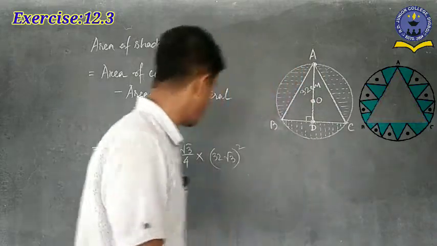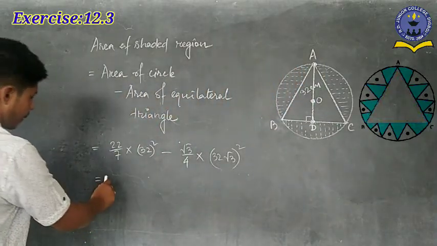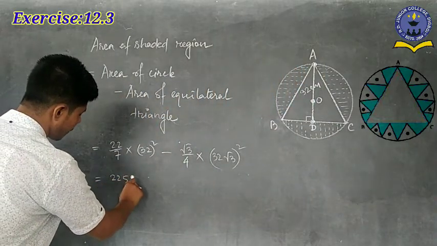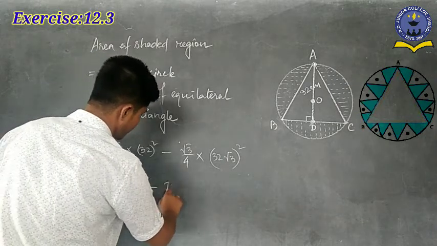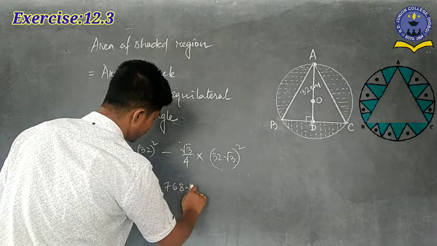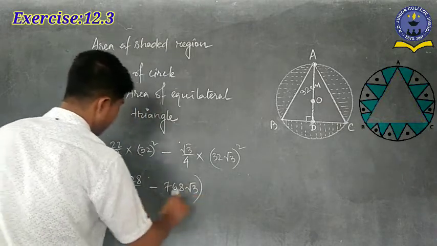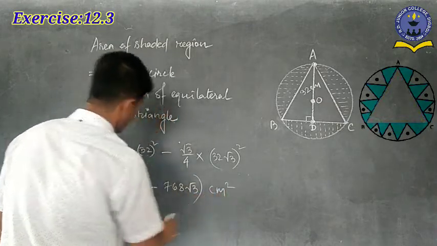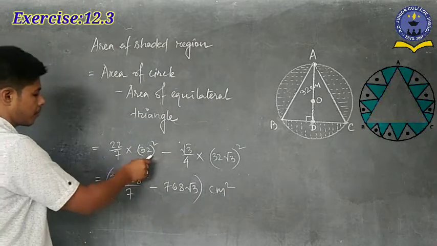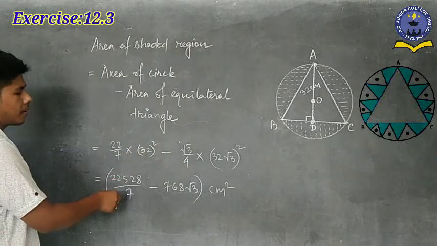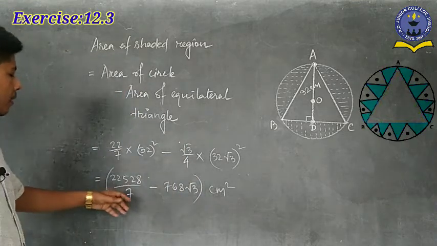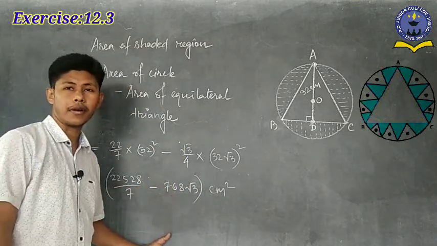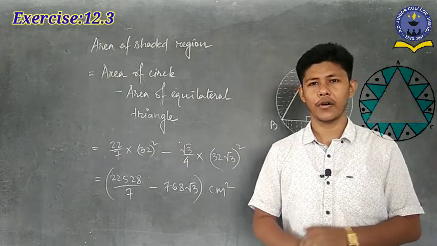So that's why we have to write here 22528 by 7 minus 768 root 3, and this one is our required answer, centimeter square. So your task is what? You have to calculate this result, and finally we get this one, and this is our required answer. Is it clear? Okay, thank you.